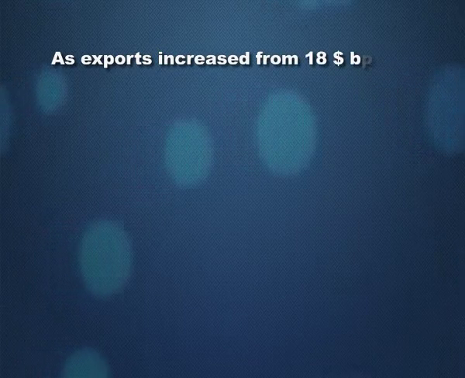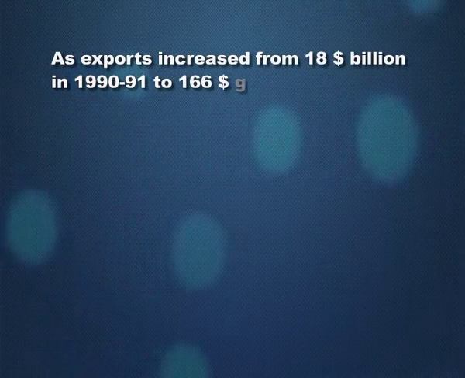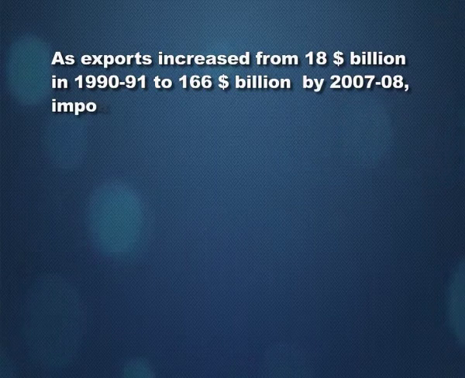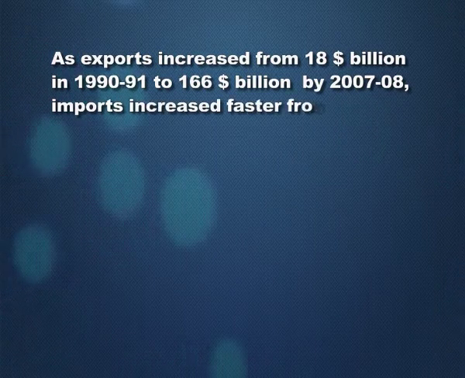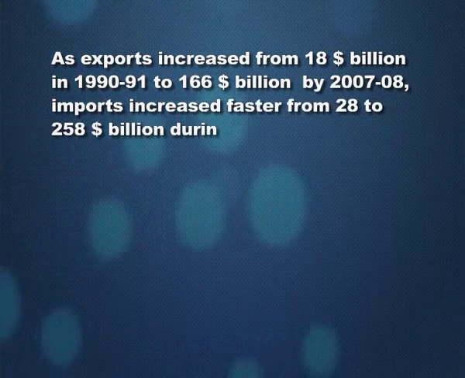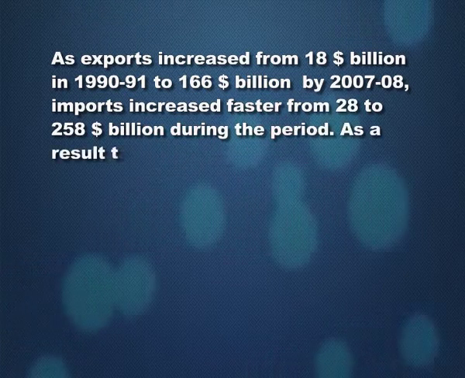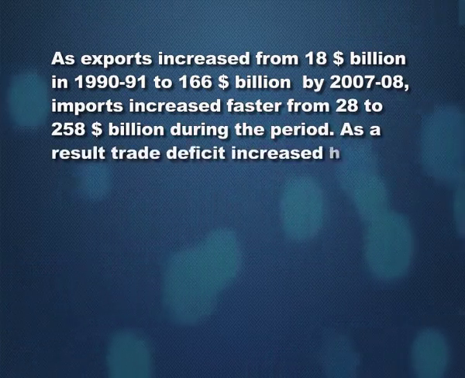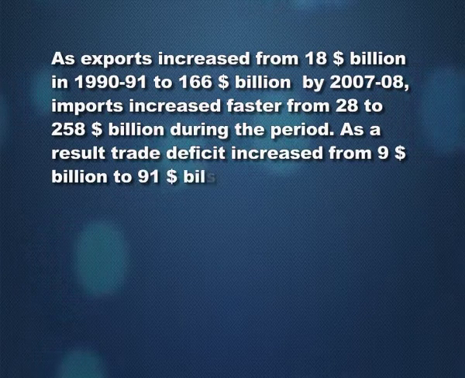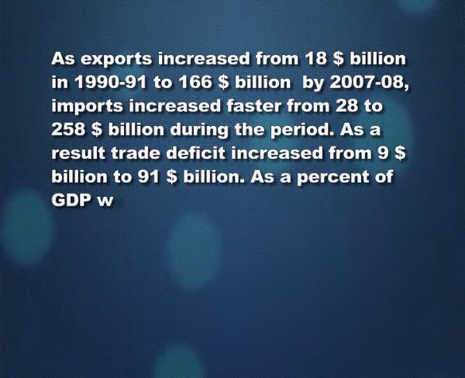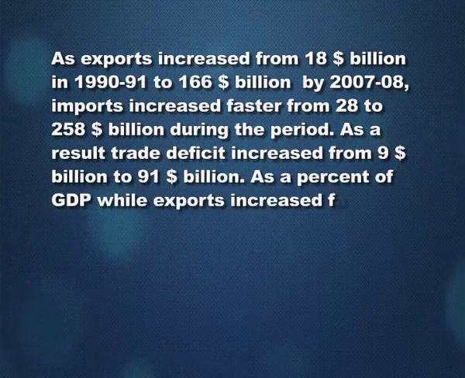As exports increased from $18 billion in 1991 to $166 billion by 2007-8, imports increased faster from $28 to $258 billion during the period. As a result, trade deficit increased from $9 billion to $91 billion.